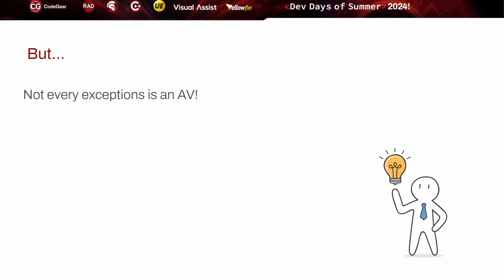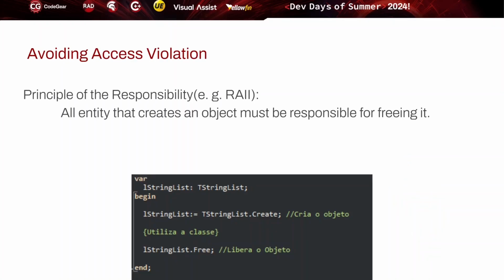Because if all exceptions are access violations, we cannot know where they come from, how to solve them, and what to inform the user about this kind of exception. It's very different from an exception like server is not responding or you don't have access to this file, okay? So first of all, we have to eliminate access violations. After that, we can have a very robust exception handling in our system.